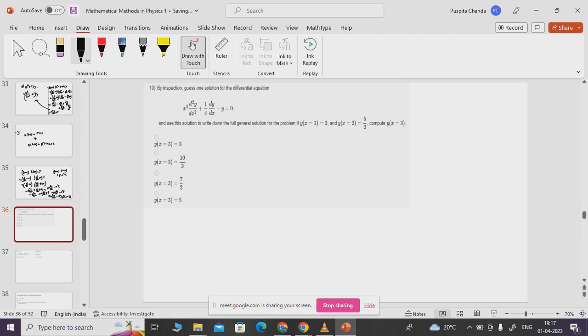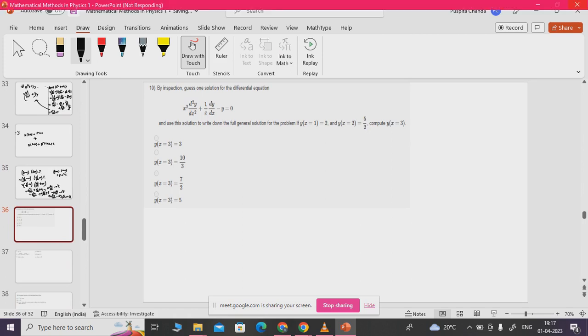So D plus x into D minus x will be D square minus x square minus 1.